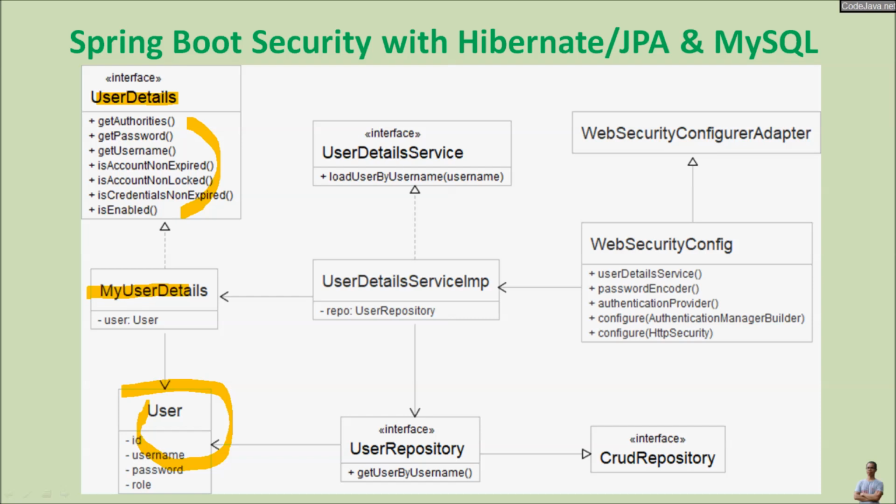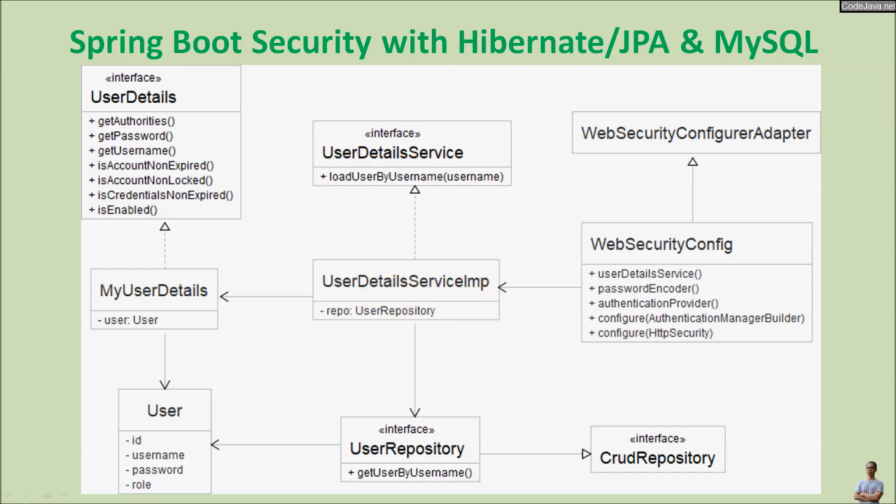And then we need to code the UserDetailsServiceImpl class that implements the UserDetailsService interface defined by Spring Security API. In this UserDetailsService implementation, we use a UserRepository class to authenticate the users.